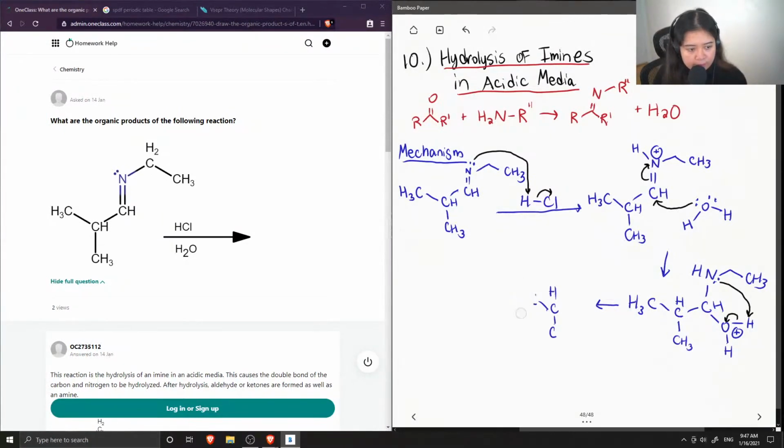I don't think I gave myself enough space there. So now we have a newly formed alcohol group, and we also have this positively charged nitrogen.